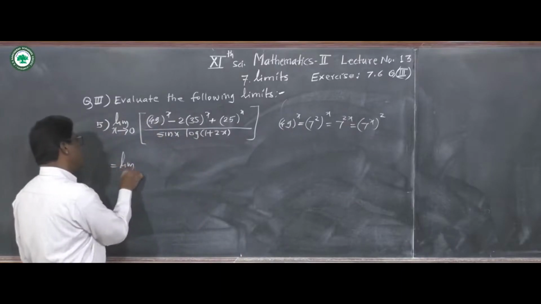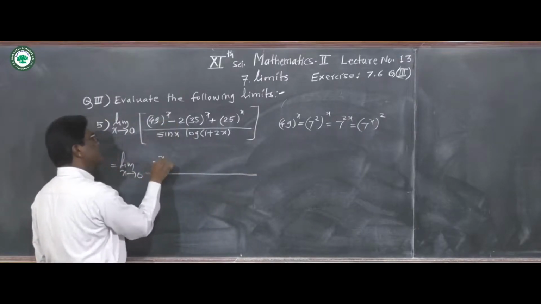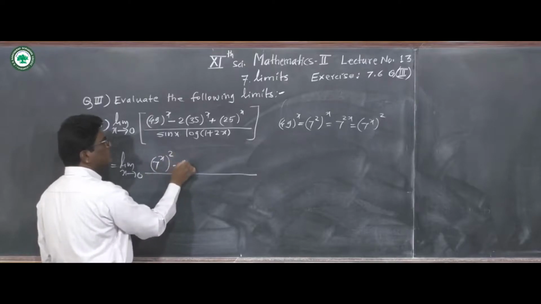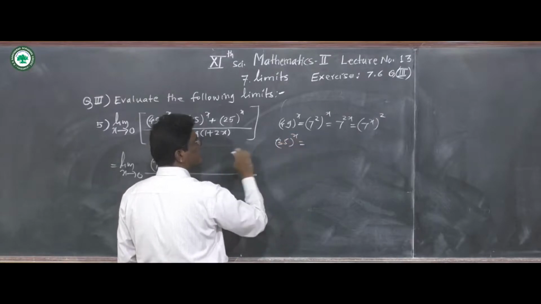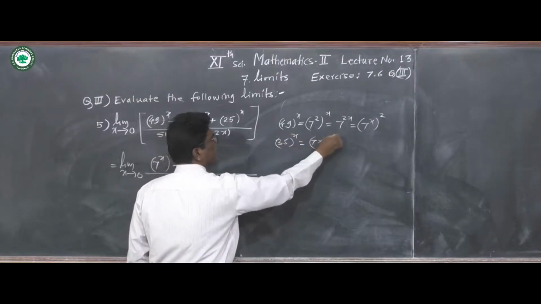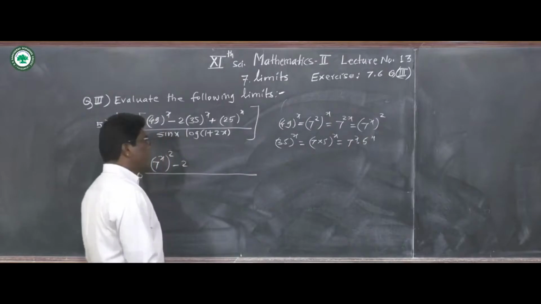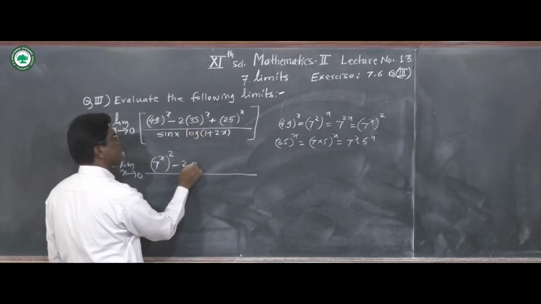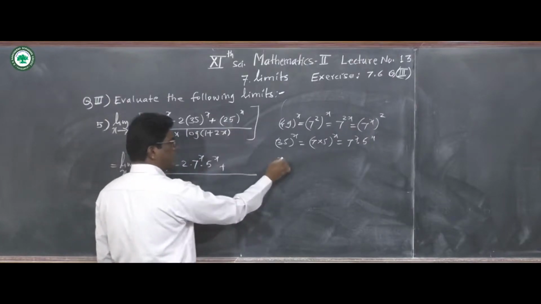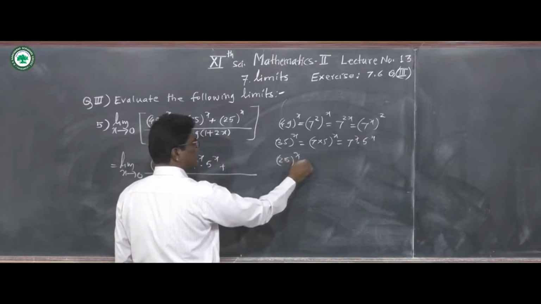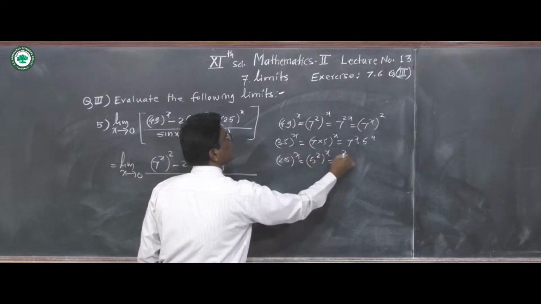So it is equal to limit as x tends to 0 of (7 to the power x) bracket square minus 2, and for 35 to the power x, we write 35 as 7 into 5, so 7 to the power x into 5 to the power x. Plus 25 to the power x, where 25 is 5 square, so 5 to the power 2x.